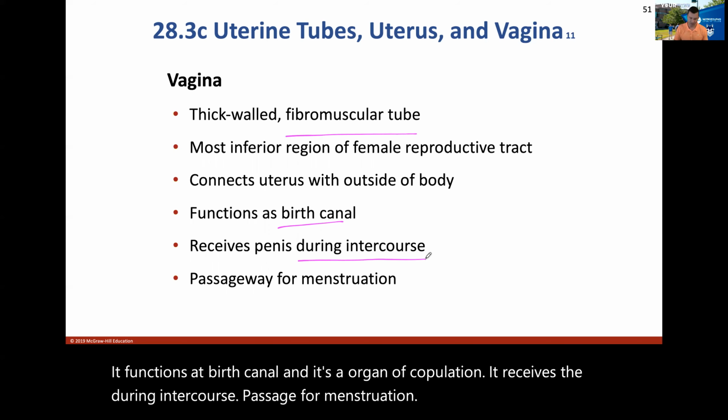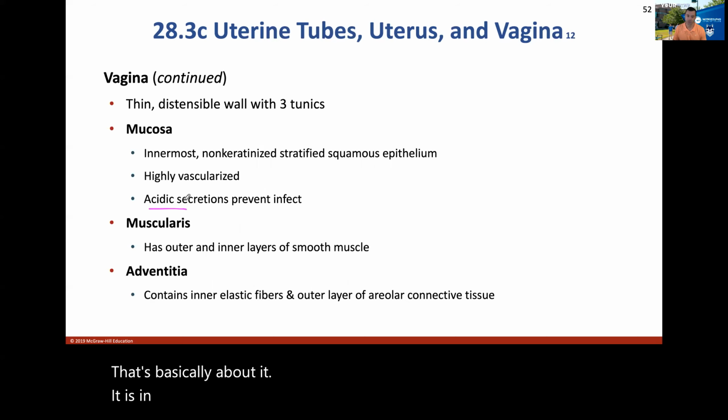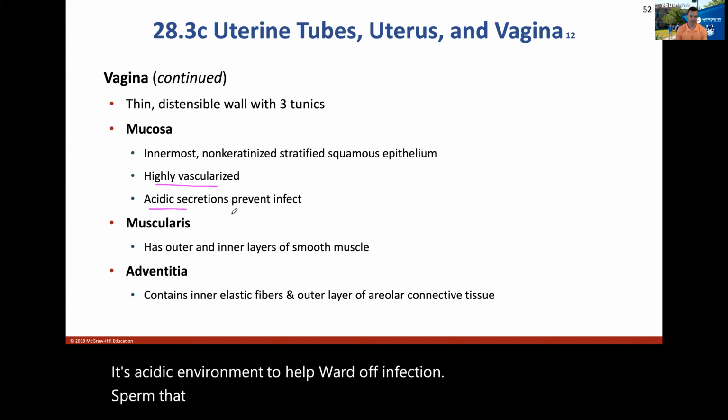That's basically about it. It is an acidic environment. It's highly vascularized. The acidic environment helps ward off infection, sperm that shouldn't be there, all that fun stuff. Not much here in terms of histology, guys.